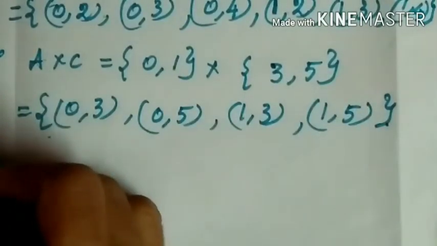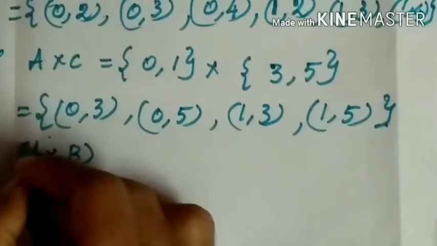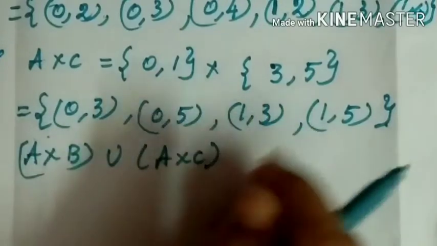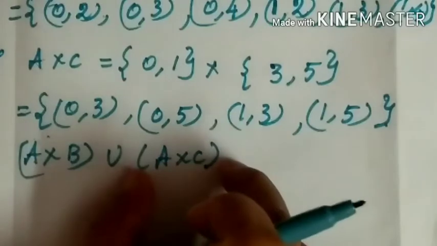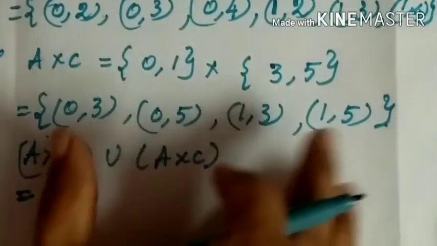Then the final step, (A cross B) union (A cross C), which means the union of A cross B and A cross C. Then you join these two sets of ordered pairs and write.